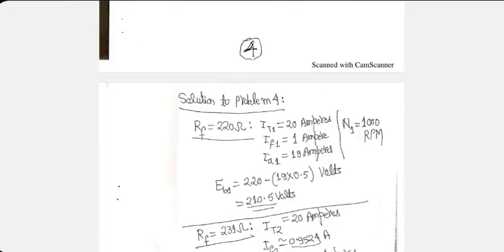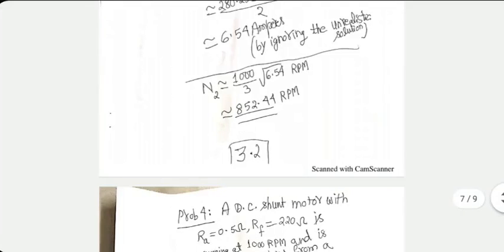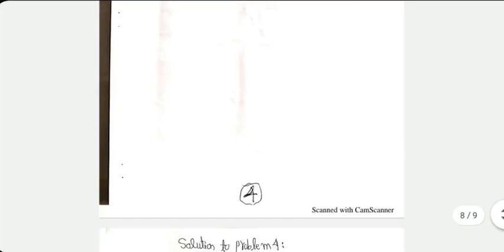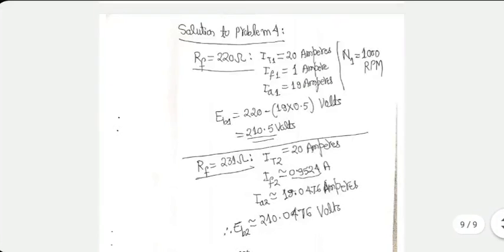Okay, so what do we do? It's a shunt motor. Terminal current is 20 ampere, terminal voltage is 220 volts, so input power is 220 into 20 watts, that's for sure. Now RF has gone up by 5%. What will be the new situation? Initially RF is 220 ohm, and I'm calling it case 1.